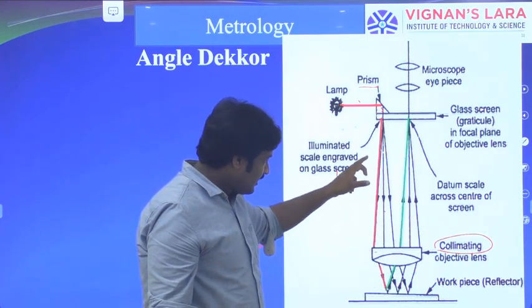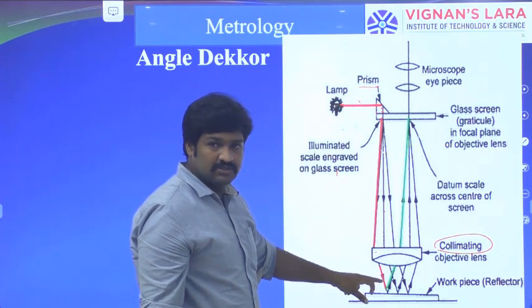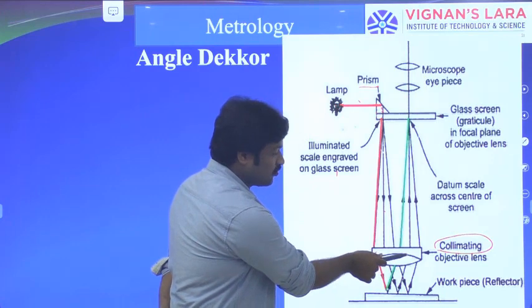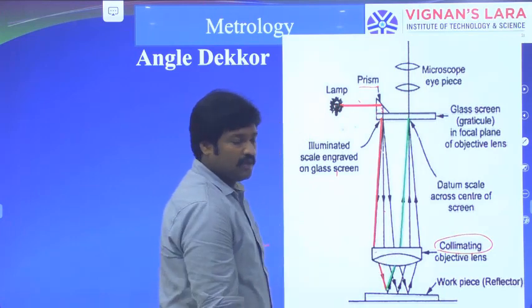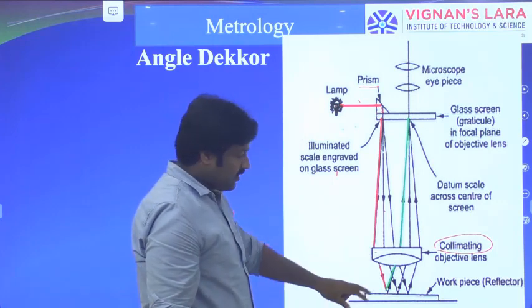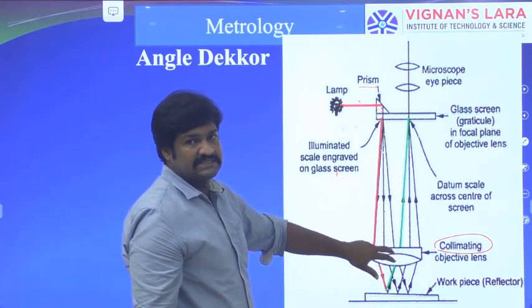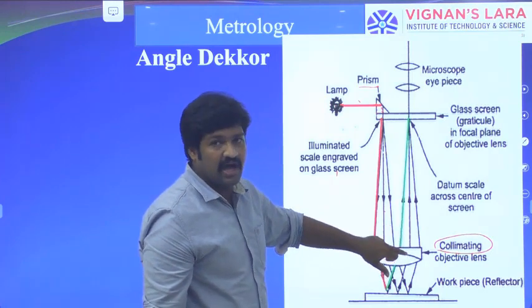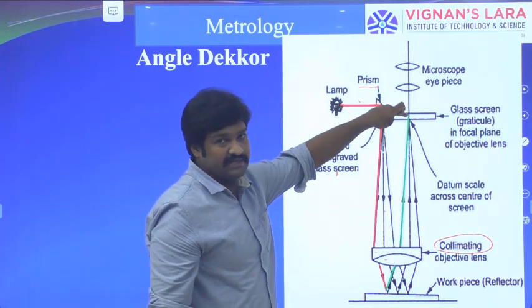The projected light is reflected again and passes through the collimating lens. From here to here the reflected beams are parallel to each other. Once it strikes the collimating lens, all the light rays are projected at a single point.